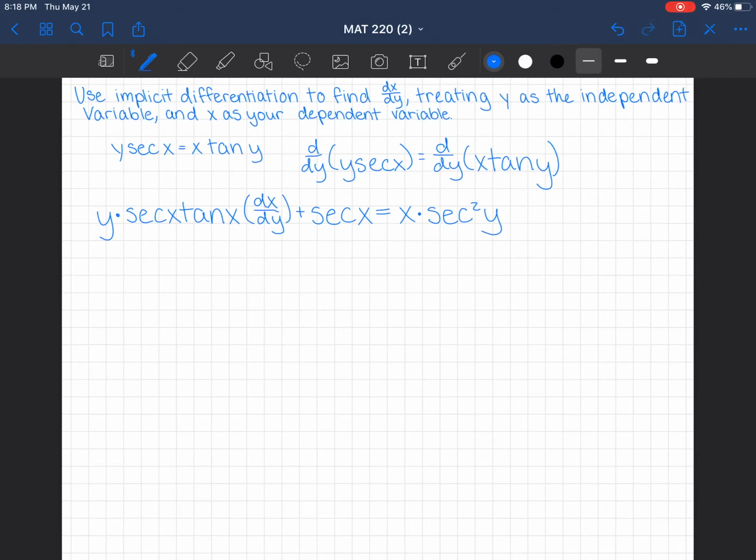So that concludes our first part of the product rule. Now we're going to add on the second part of our product rule, in which case we do need to take the derivative of the x this time. So the derivative of x would just be 1. Then we do need to multiply by the dx/dy. So that just ends up being dx/dy multiplied by our second term.